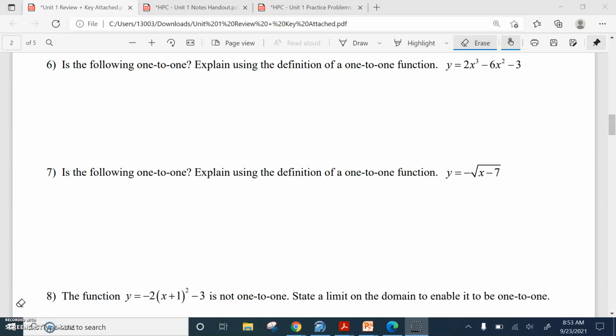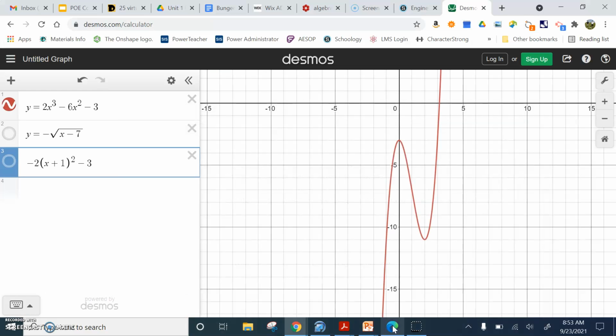So, in any of these types of problems, the best way to go about this is to simply graph the equation. So we have line 1, which I've turned on here, is the equation. And as I look at this, visually you're checking for the horizontal line test. If I can run a horizontal line through the entire graph, never passing through the graph more than once each time, then we have a one-to-one.